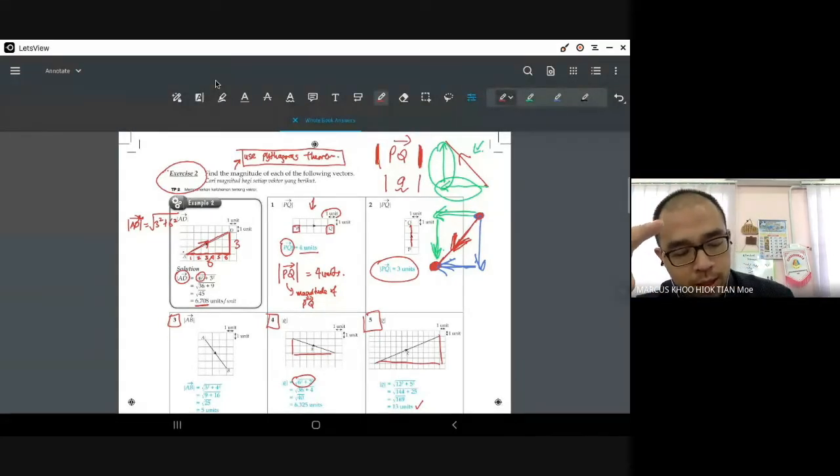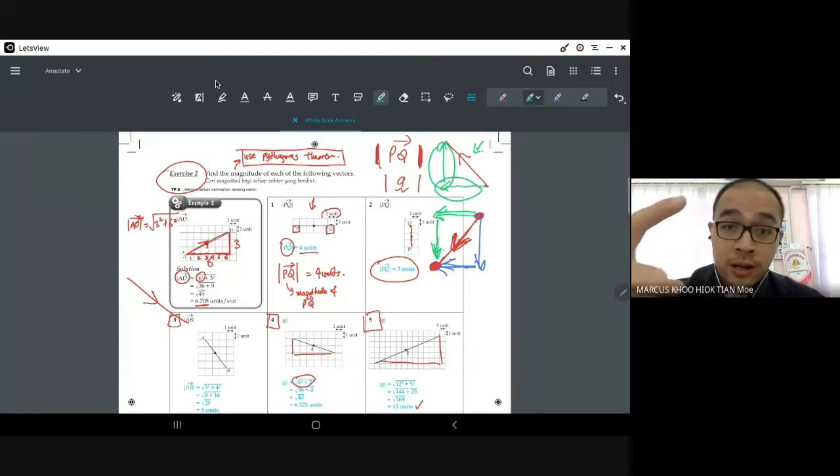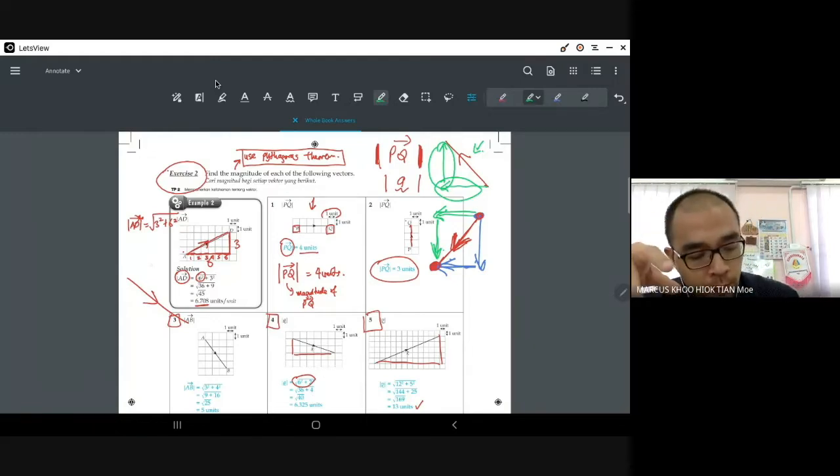Here is another one now. Let's say this vector is this way. In order to calculate the magnitude, I need to know how much is it to the right, and then how much is it downwards. Or if I want to go downwards first, it's okay, downwards first and then to the right.